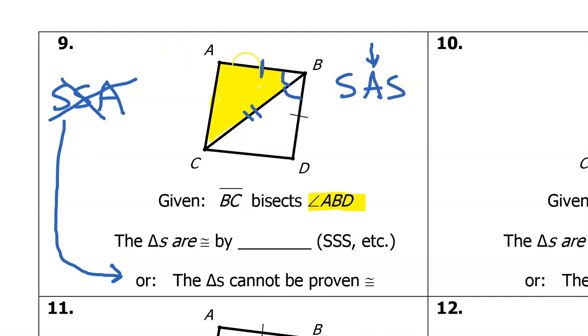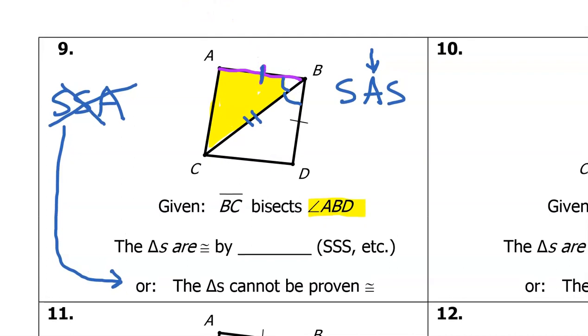So let's trace and see. Here is one side that's marked congruent, and here is the other side that is marked congruent. Where do they meet? Those sides meet right here. Is that the angle that is marked congruent? Yes, it is. That means the angle is between the two sides. So that makes this a side-angle-side situation.